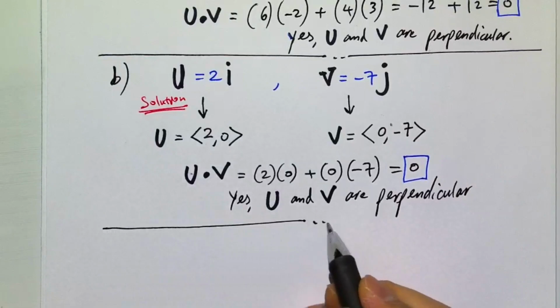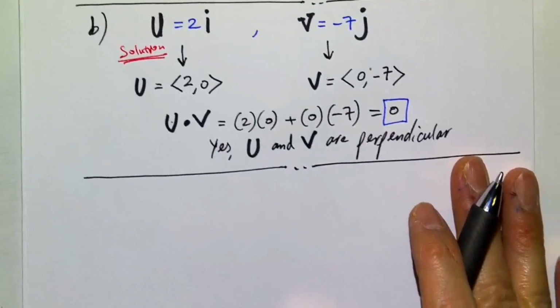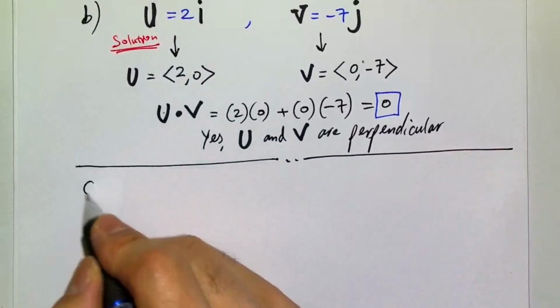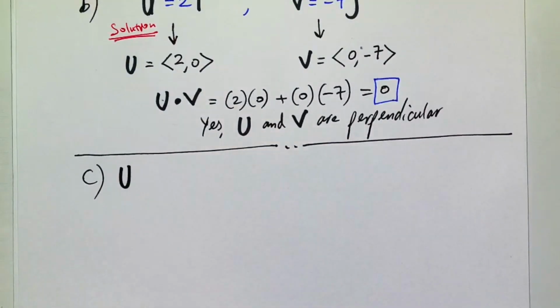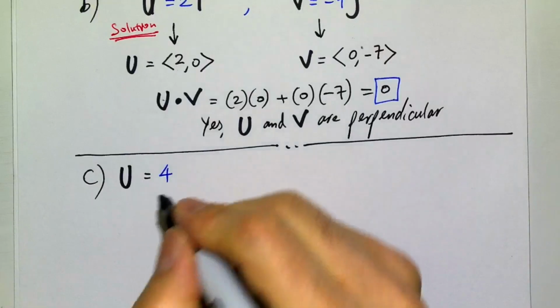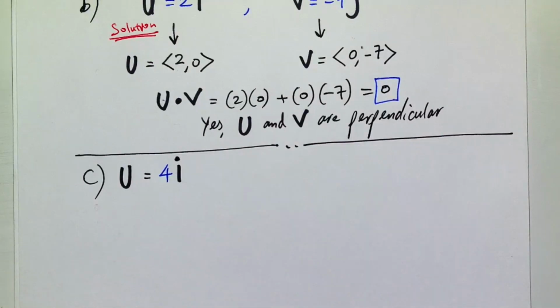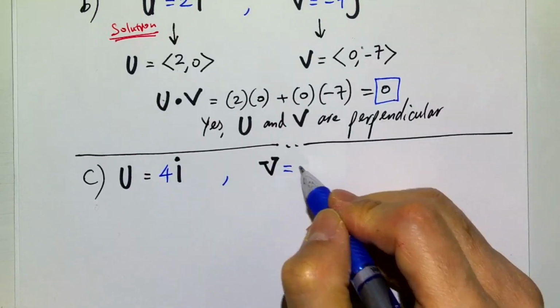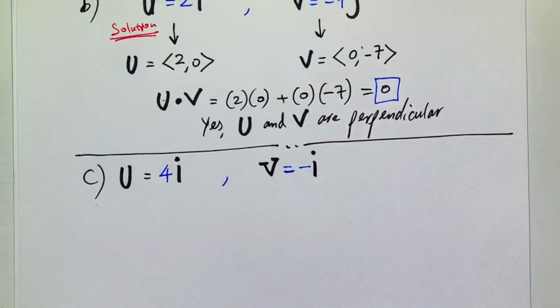Okay. So let's do one more example of this kind. Suppose we have a vector u that is equal to 4i. So once again, the vertical component is missing. And vector v is equal to minus i plus 3j.